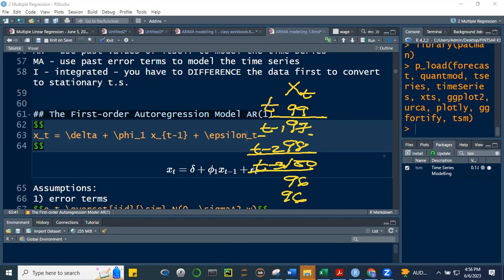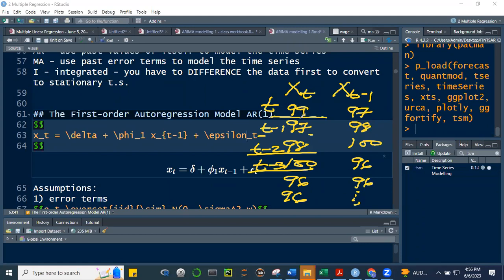Okay. Ano ibig sabihin ng x sub t-1? So you're using this x sub t-1. Ano yung x sub t-1? Lag 1. So that means 97, yung one period before, and then 98, and then 100, and then 96, and then 96, etc. In other words, tinanggal natin yung current.